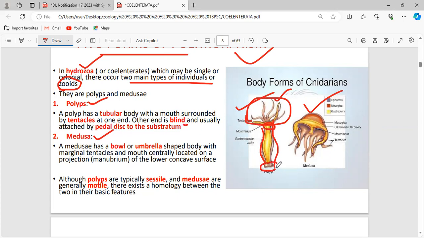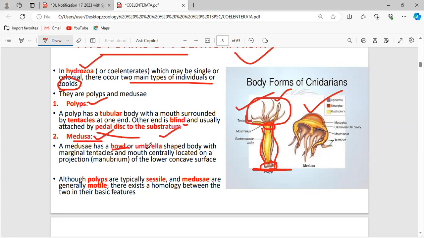The other end is blind, usually attached. This other end doesn't open into any structure. Its only function is to attach to something, which is why it is called blind. It is usually attached by the pedal disc to the substratum. Now the medusa.